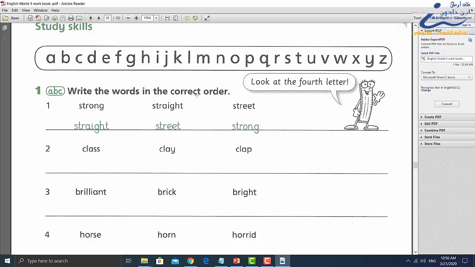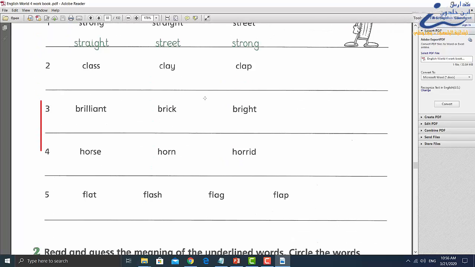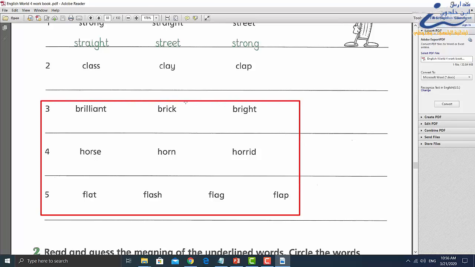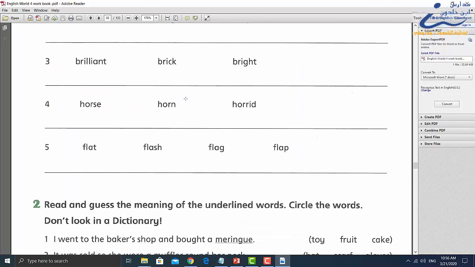So what comes first? Yes, clap. After that, class, and finally, clay. Okay, 3, 4, and 5 will be your own homework for today.